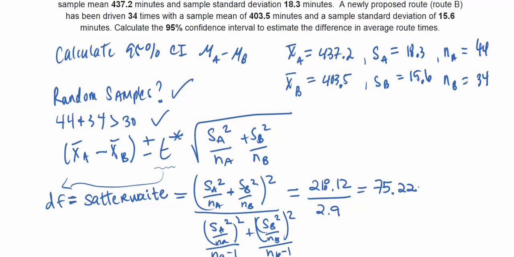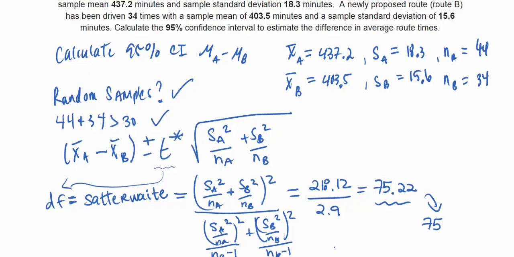If you're using software or a calculator, this is the degrees of freedom that your calculator or software will use. If we're doing this by hand, we should always round down, so it's a whole number, so we can look that up on a table. This is 75. The second issue is that if this is not actually on our table, then we have to round down again until we find the next degrees of freedom.